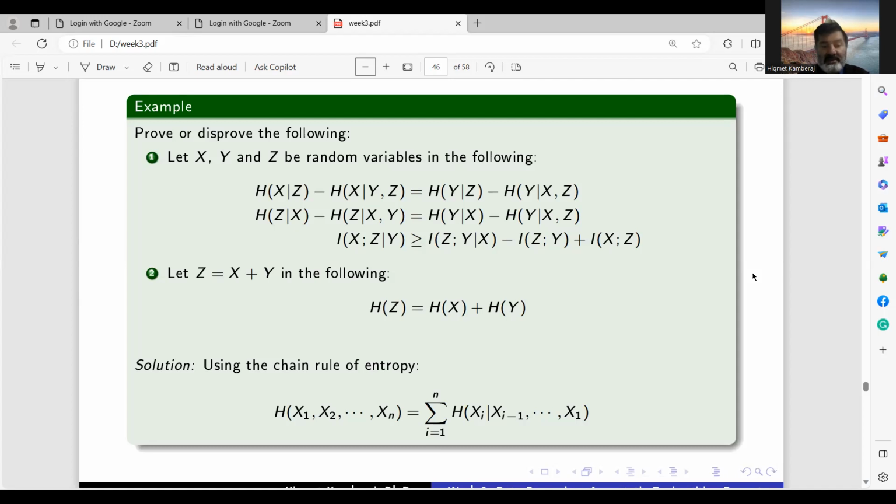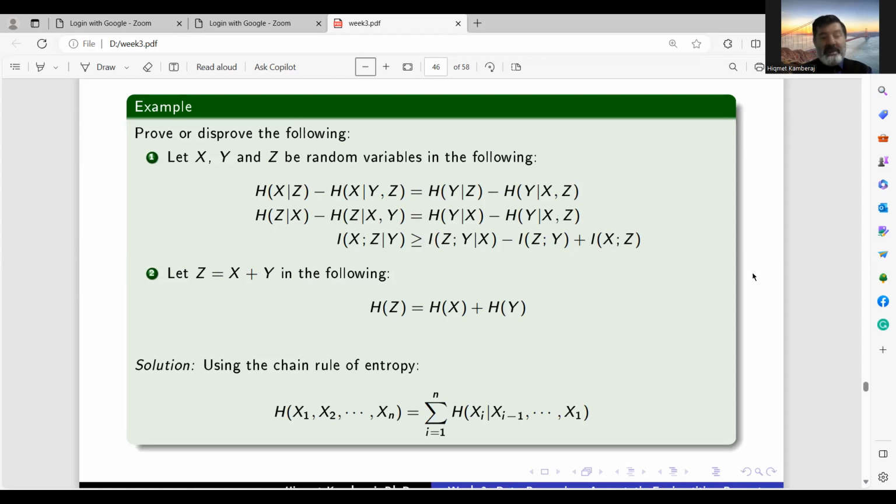H of z given x minus H of z given x and y, is it equal to H of y given x minus H of y given x and z? Moreover, is the mutual information between x and z given y greater than or equal to the mutual information between z and y given x minus the mutual information between z and y plus the mutual information between x and z?